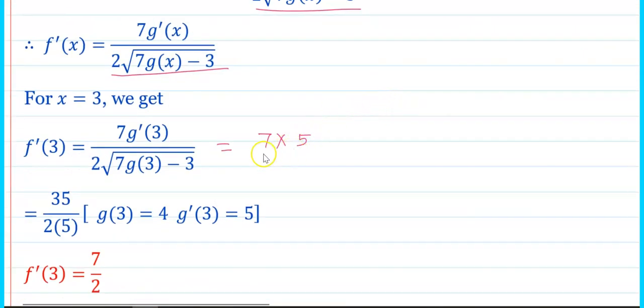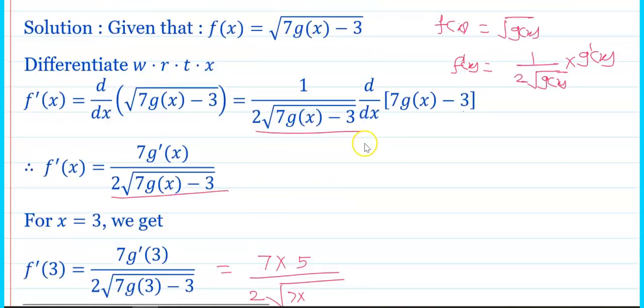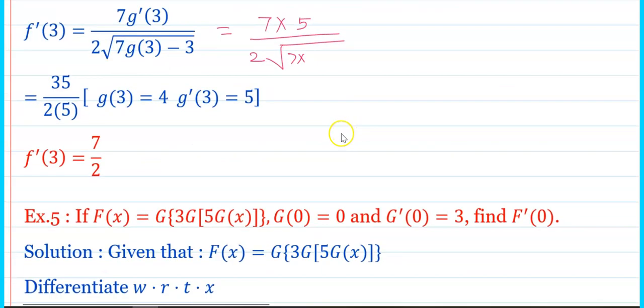And in the denominator, 2 times root of 7 g of 3 minus 3. What's the value of g of 3? G of 3 is 4. 7 into 4 is 28. 28 minus 3 is 25.